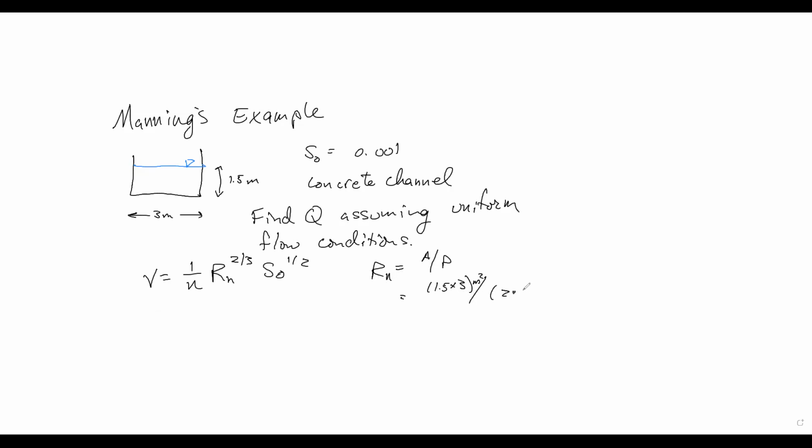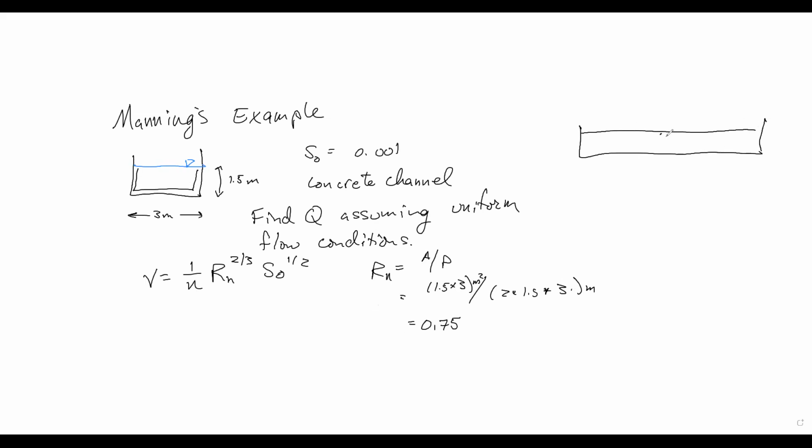Okay, so 2 times 1.5 plus 3 meters. So we just do 1.5, 3, 1.5. That's going to give us a hydraulic radius of 0.75.